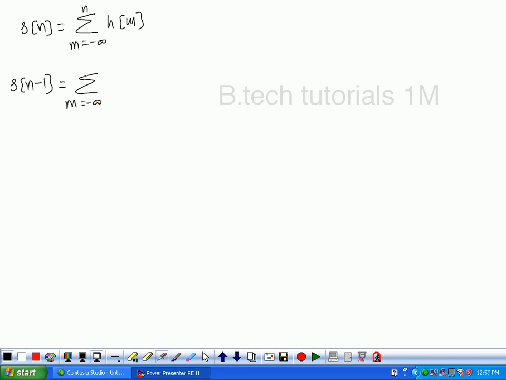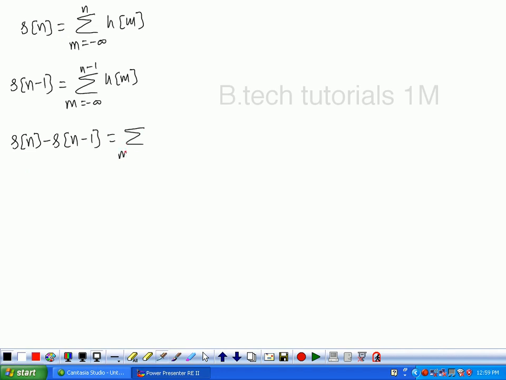This is S of n minus 1, equal to sigma h of m up to n minus 1. You replace n by n minus 1 on both sides. Now write S of n minus S of n minus 1. Subtract S of n minus 1 from S of n. Then what will you get?